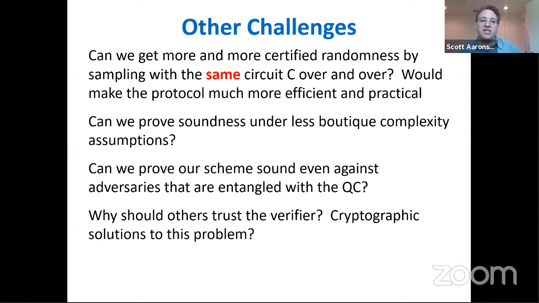Can we get soundness even against adversaries that are entangled with the quantum computer? And are there good protocols to solve the problem of why should anybody else trust the verifier, and why should they trust the secret seed that is being used by the verifier to generate the challenges, or indeed the large verification computations that the verifier has to do?